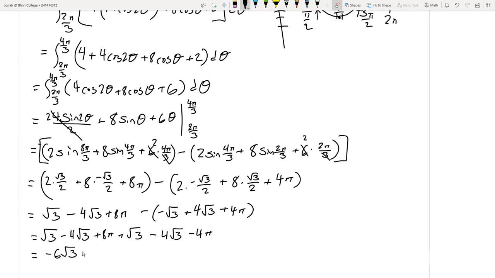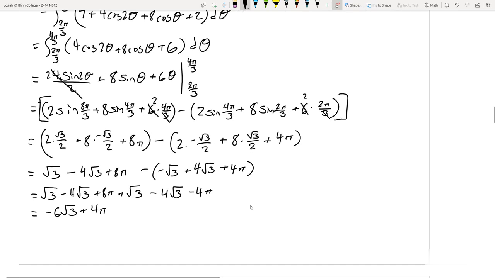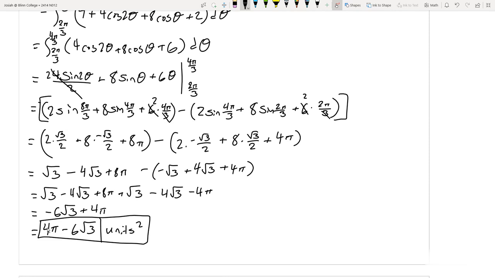And then we've got 8 pi minus 4 pi, that's plus 4 pi. So I'll switch that order around just so we have the negative last. And so this is going to be our area. So if we had units, this would be square units. But here is our answer, right in there.